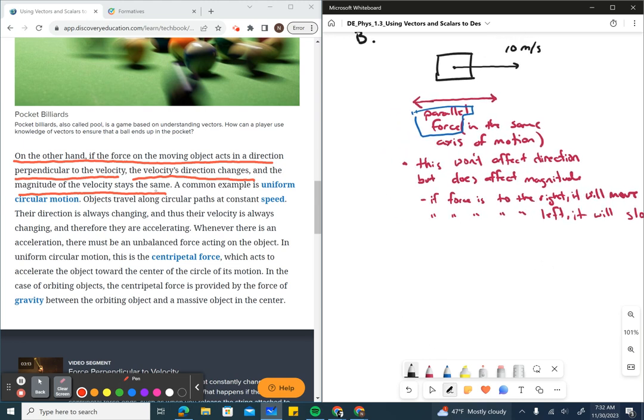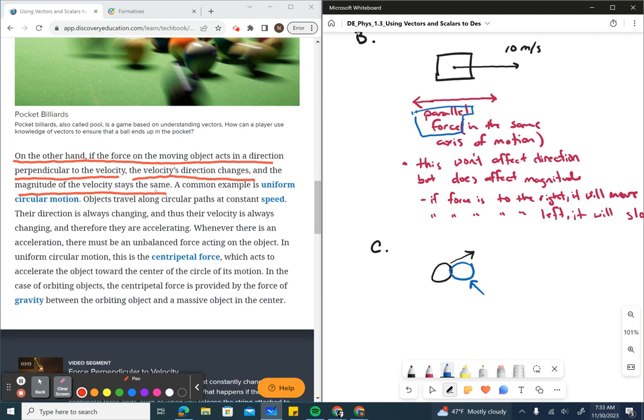Let's do this. Say letter C. In letter C, you could have a ball that is moving in this direction, and it's going to collide with a ball that is moving in this direction.